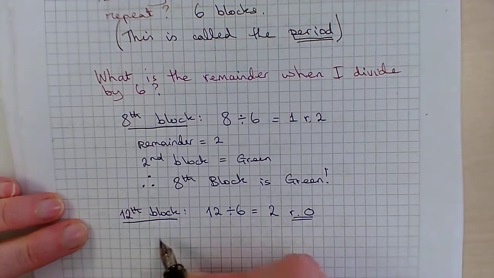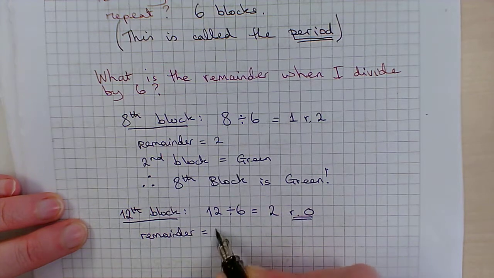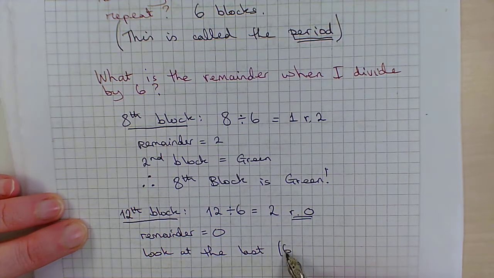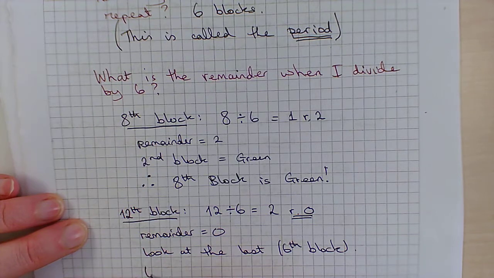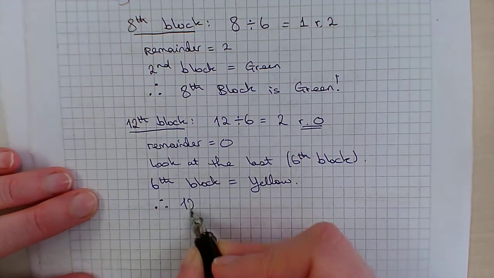So when the remainder is equal to 0, look at the last block, the 6th block. And the 6th block was yellow. So therefore, the 12th block should be yellow.